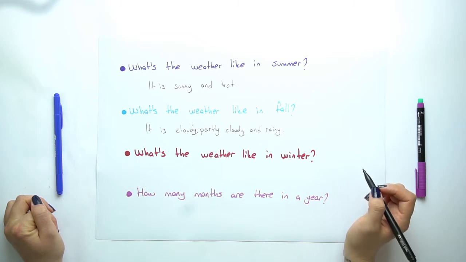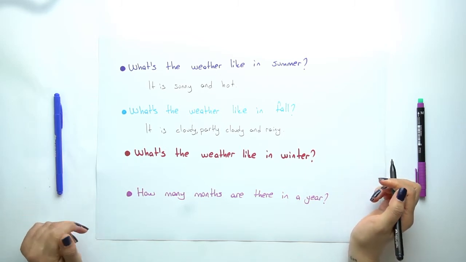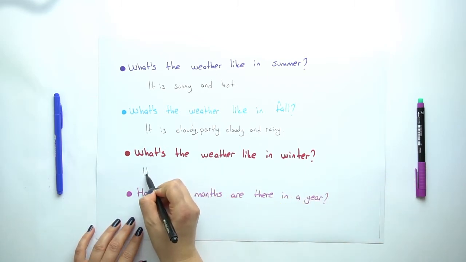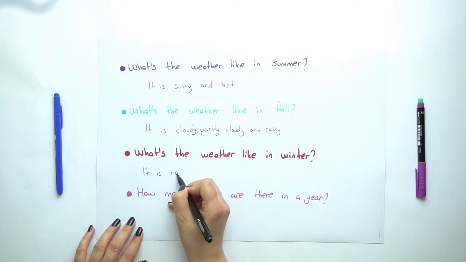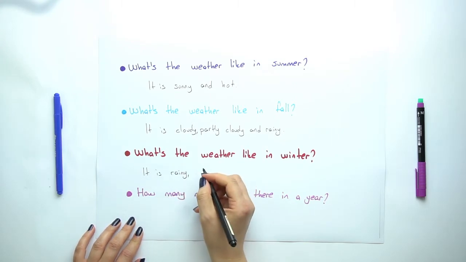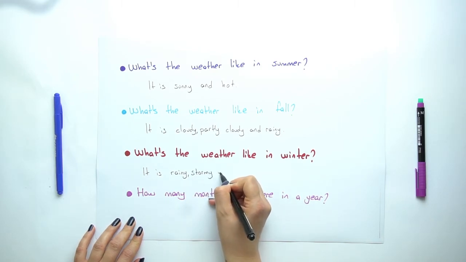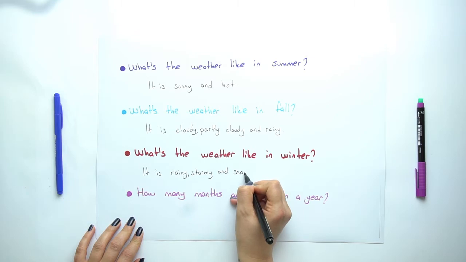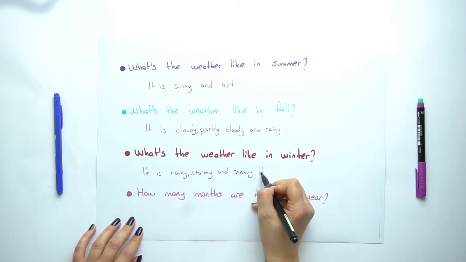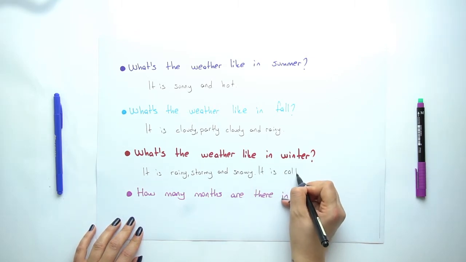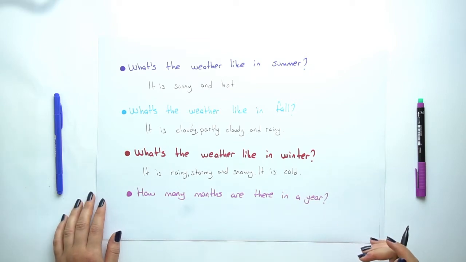What about the winter? How is the weather in winter? In winter, it is rainy, stormy, and snowy. It is also cold in winter.